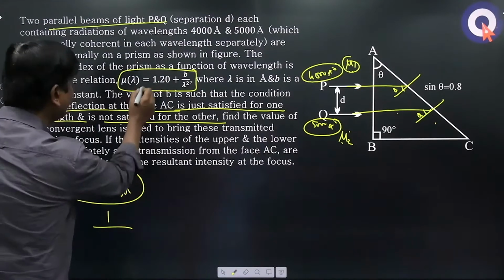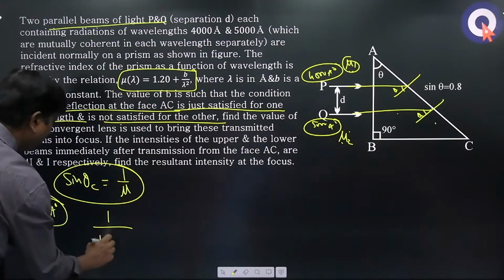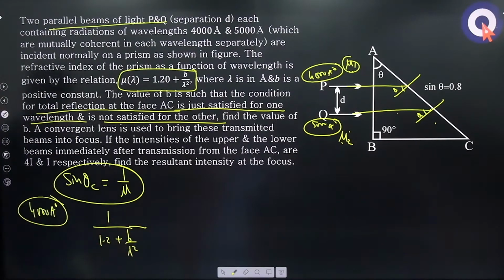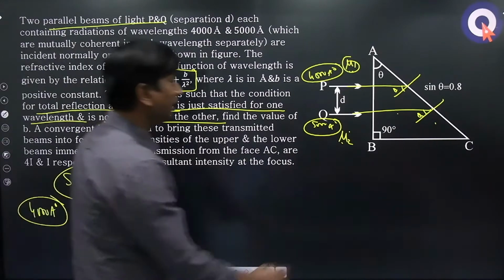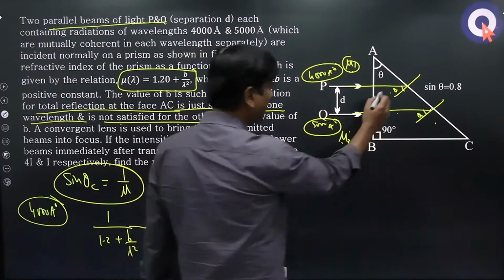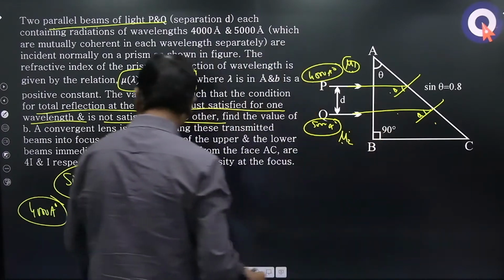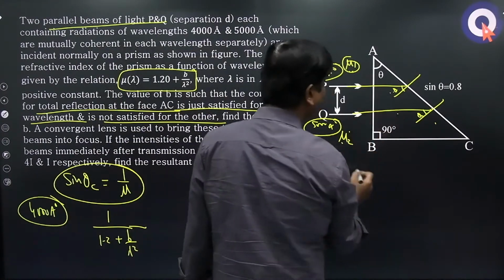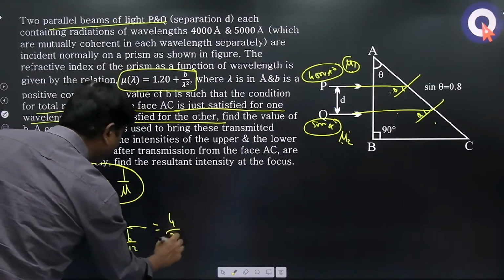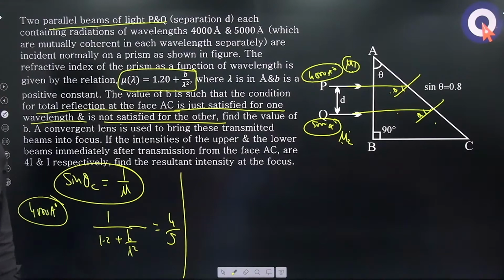So nu is 1.2 plus b by lambda square. This is the sine of the critical angle, and that is exactly equal to sine theta, since it is just internally reflected. So sine theta is already 0.8, which means 4 by 5. That's all. So you can solve this.